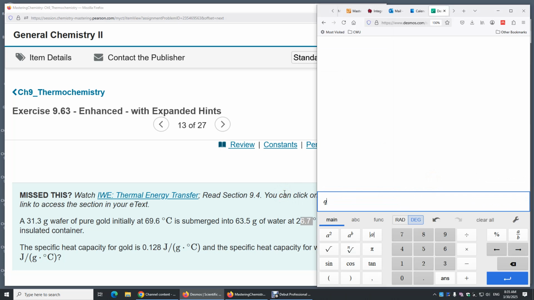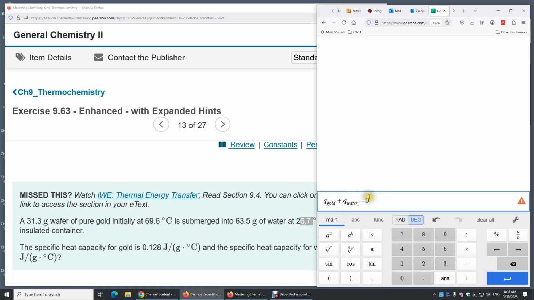Over here, Q gold plus Q water should be 0. Because if we look at gold and water together as the system, this system overall has a Q of 0 because the system is insulated.